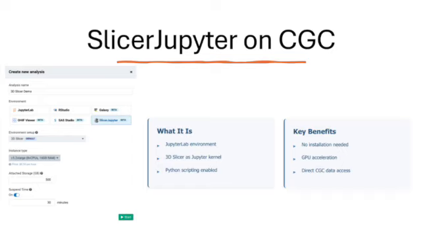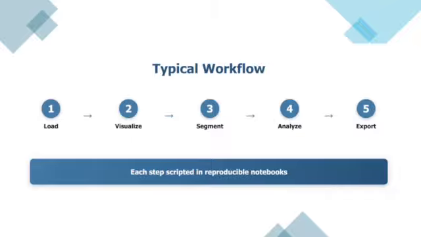So let's talk about a typical workflow. If we zoom out, you start Slicer Jupyter, load up your images, visualize the images in 2D, and then visualize them in 3D, segment them, do some measurements, and export.